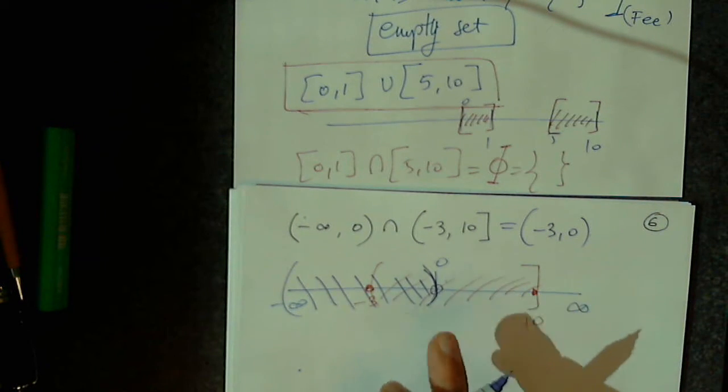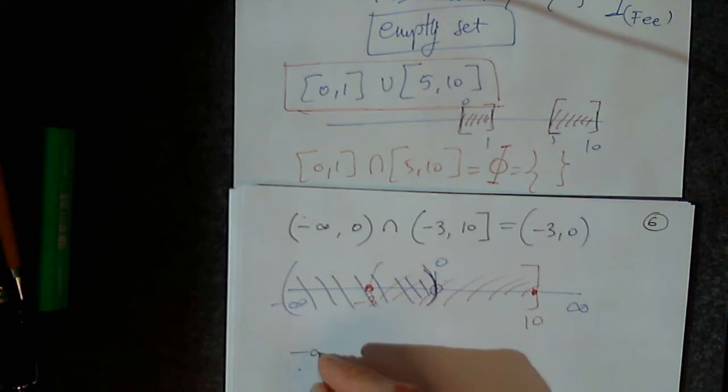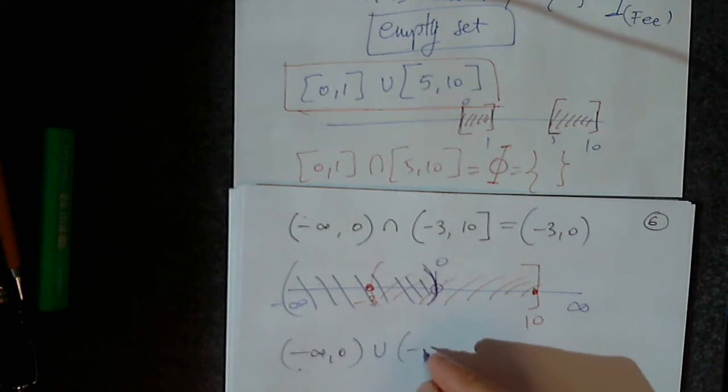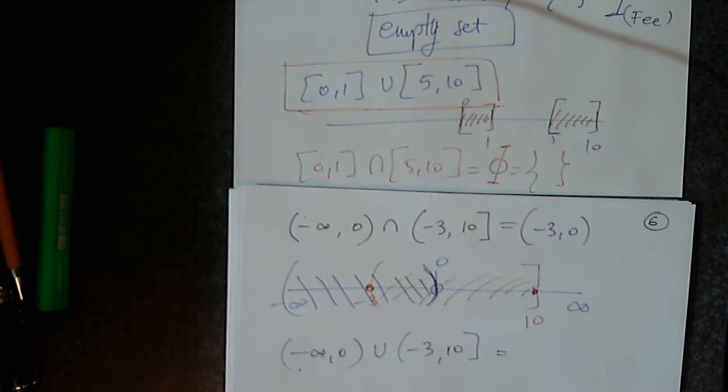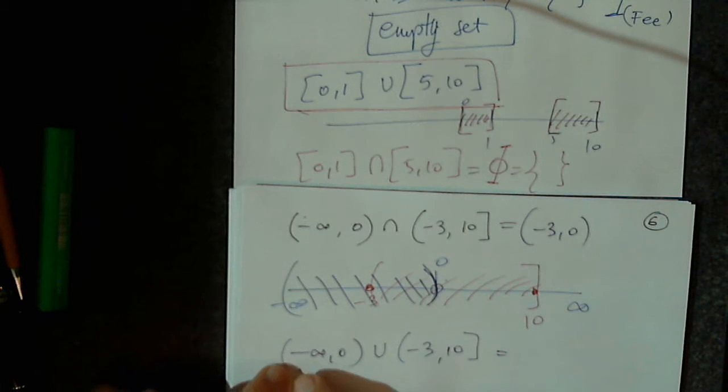Okay. So now I'm changing, and I want to determine the union. Negative infinity, 0, union, negative 3, 10. What would you say? Let me create a scenario before you answer this question. We have a party, and imagine that negative infinity to 0 is what you bring to the party as the, I don't know, potluck.